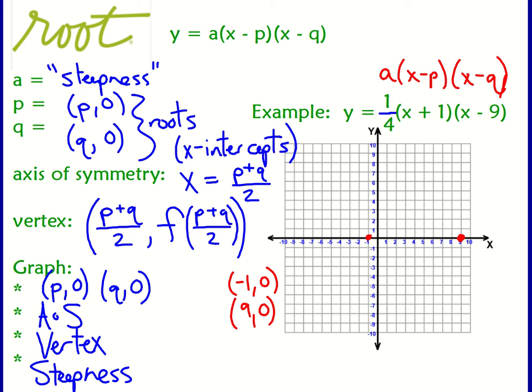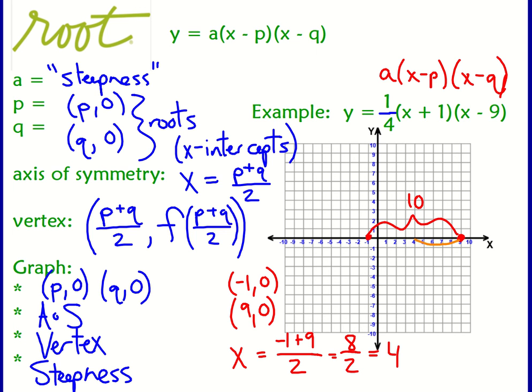To find the axis of symmetry, I can either say that x would equal negative 1 plus 9 divided by 2, which would be 8 over 2, which is 4, x equals 4. Or I can look at the graph and notice that the roots are 10 units apart, and if I split the difference, for the 10 units, I would go 5 units either way.